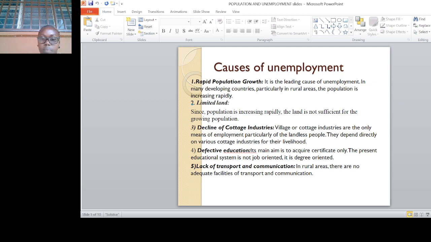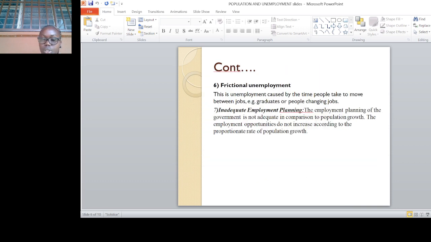In rural areas, there are no adequate facilities for transport and communication. There is also frictional unemployment. This is unemployment caused by the time people take to move between jobs, for example, graduates and people changing jobs.